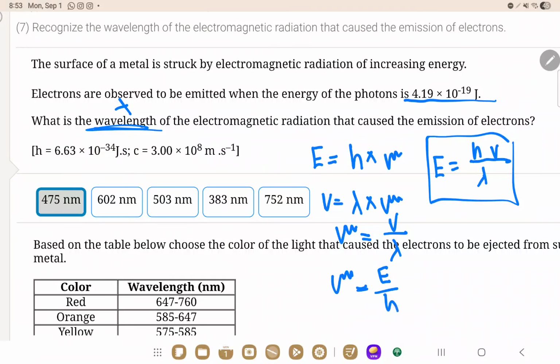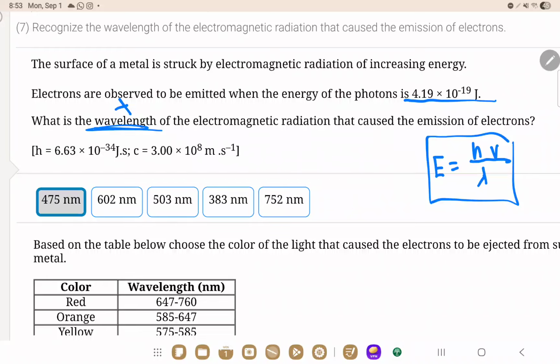Then energy over Planck's constant equals speed over wavelength, cross multiply. Long story short, you reach this equation. This is the one we need to use. So you always have Planck's constant and the speed of light. These are constants and they don't change.